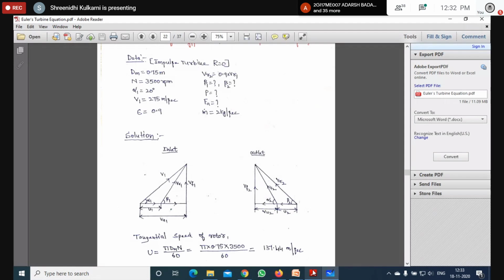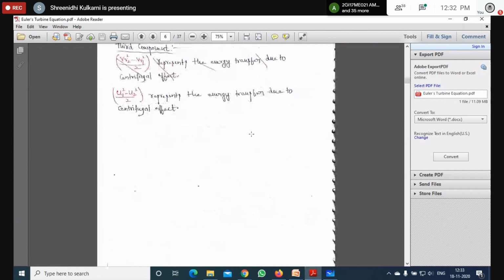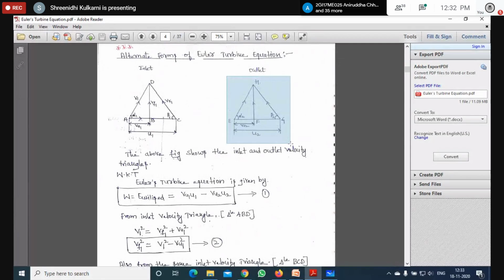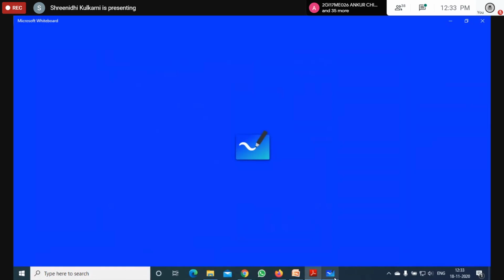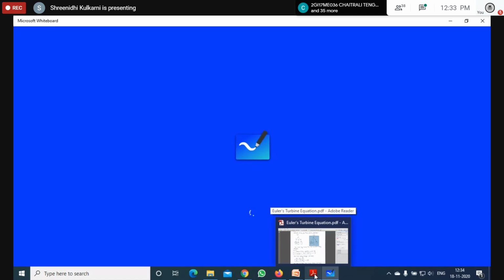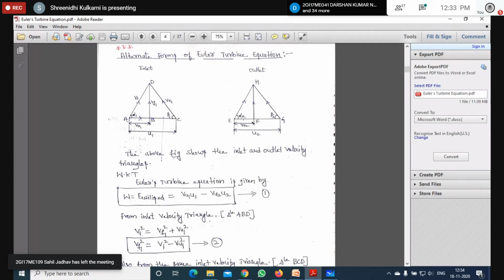So I'm going to use this velocity triangle. Because in the outlet velocity triangle we get two right angle triangles.